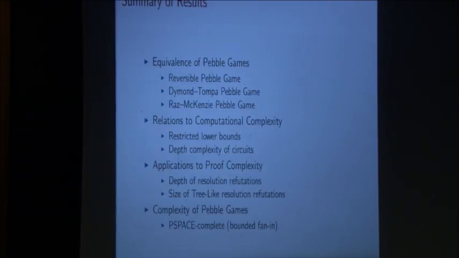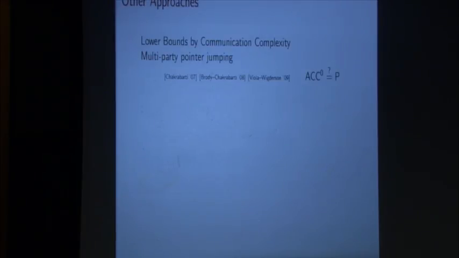Okay, well, let me briefly mention that we try to separate complexity classes. There are other approaches to separating complexity classes that do not mention Pebble games. But it is related at a very high level to what I talked about earlier. For example, one approach to separate ACC0 from P is to study communication complexity in the multi-party communication model, to study the computational problem of pointer jumping.